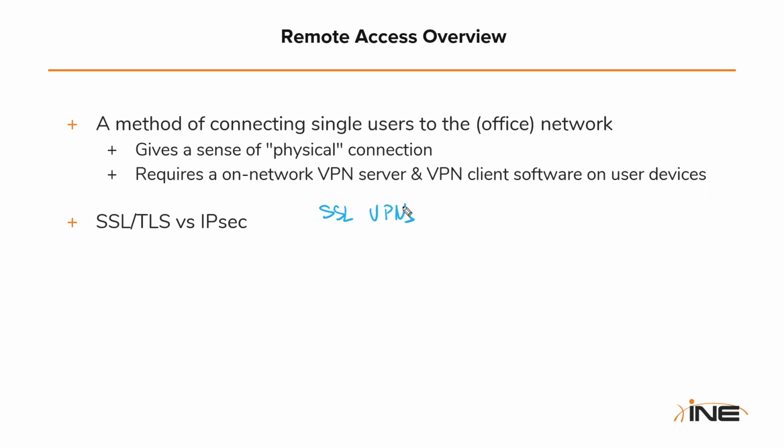SSL is basically the old term, and that refers to the original protocol, where TLS is basically the improved version of SSL. It does the same exact thing. It's just some of the internals that were changed to make the whole protocol more stable and secure.